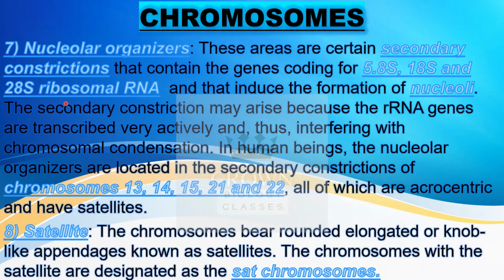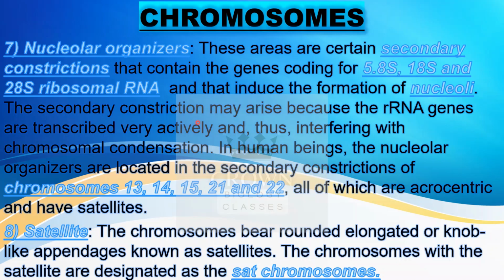The seventh component involved in the formation of structure of chromosome is nucleolar organizers. These areas are certain secondary constrictions, and these secondary constrictions contain the genes coding for 5.8S, 18S and 28S ribosomal RNA. When these genes code for these ribosomal RNAs, they induce the formation of nucleoli, hence the name nucleolar organizers.